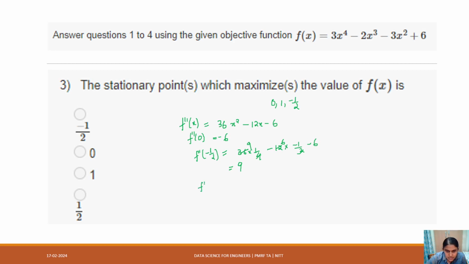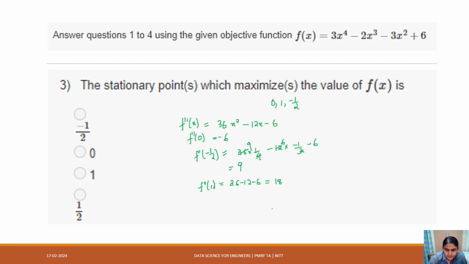And f double dash of 1 will be 36 minus 12 minus 6, you will be getting 18, I think.